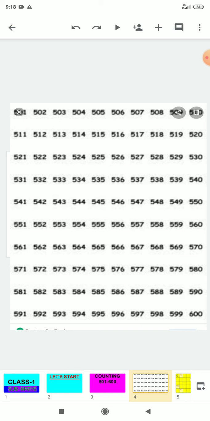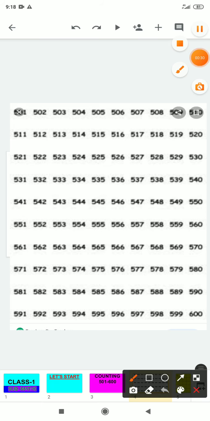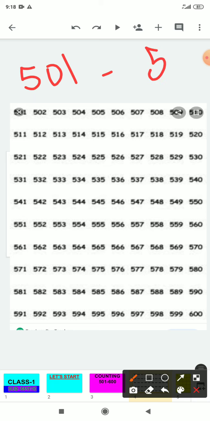Children, 501 will start with the number that is 501. Okay, what number comes before 501? 500. So what we do, in the last digit we will change 0 to 1.